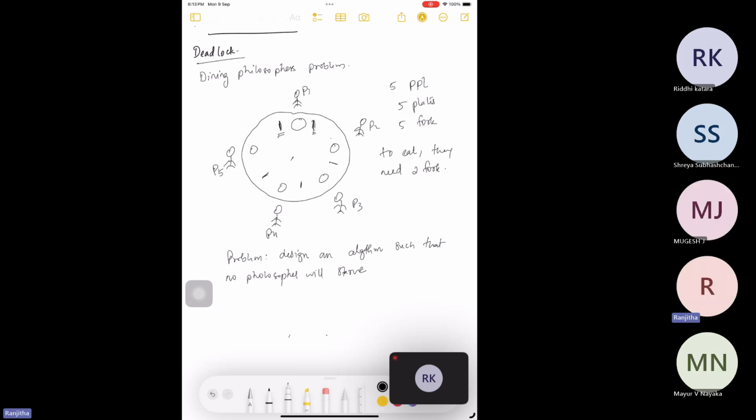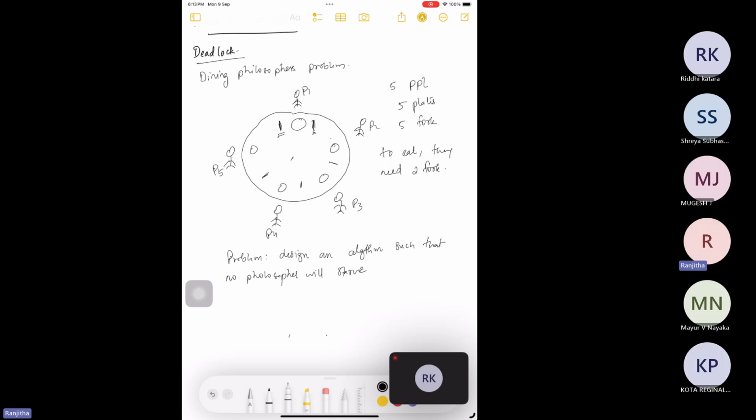For example, P1, P2, P3, P4, and P5 were all thinking, and suddenly at the same time they felt hunger, and they started taking the right fork. P1 will take this fork. P2 will take this one. This fork will be with P3. This fork will be with P4, and this one will be with P5.